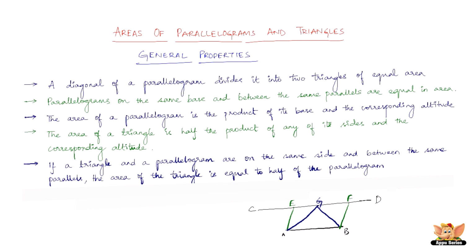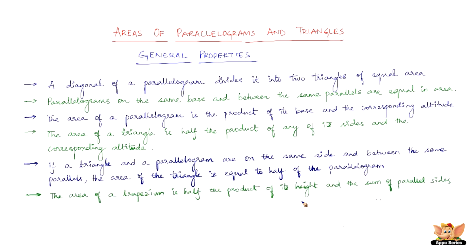If triangle AGB and parallelogram ABFE lie on the same base and in between the same two parallel lines, then the area of the triangle would be half of the parallelogram's area. That is what it means. So the area of triangle AGB will be half the area of ABFE. So this is also another very important property.